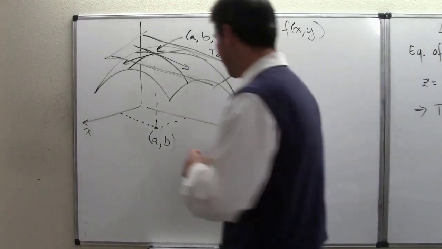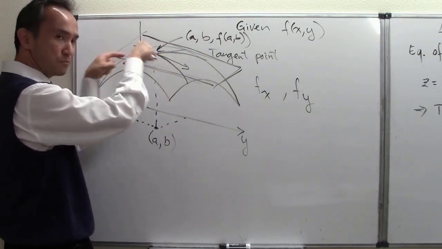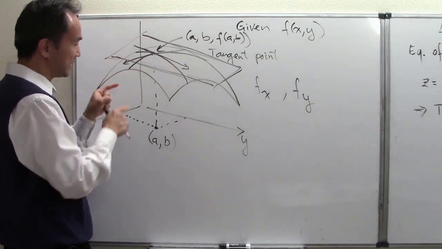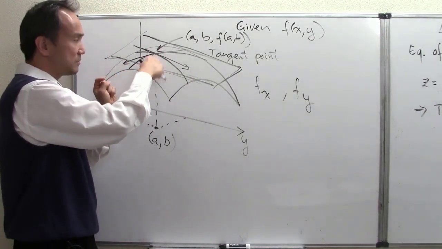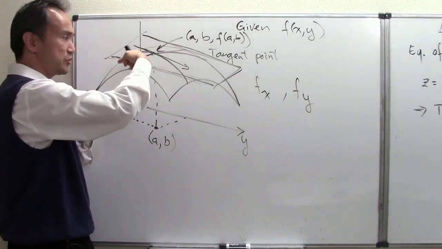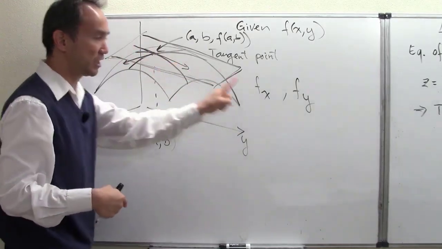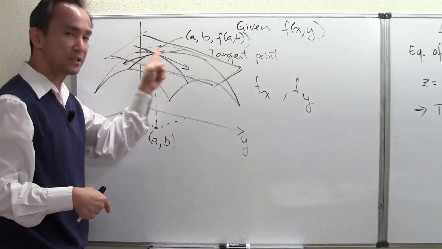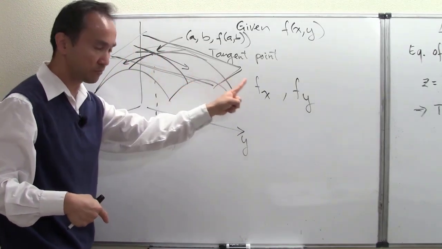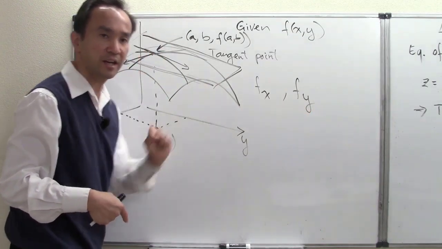On my board, according to the drawing and with some brief explanations I've given earlier, the idea now is that right at that tangent point there have to be two tangent lines. One tangent line is along the x-axis, and one tangent line is along the y-axis. And of course, we're going to have to find those two tangent lines by going through the work of finding f of x and f of y.